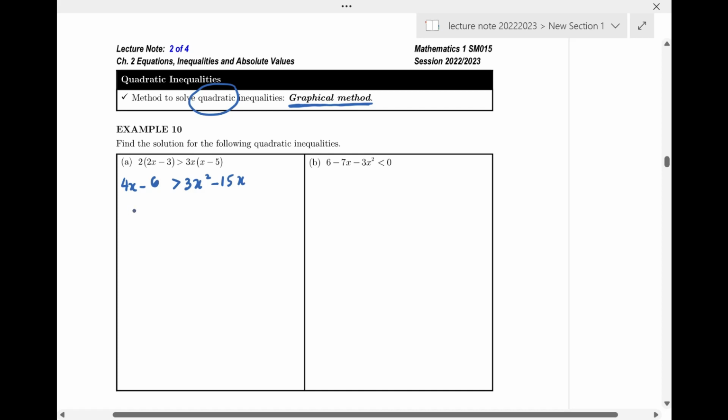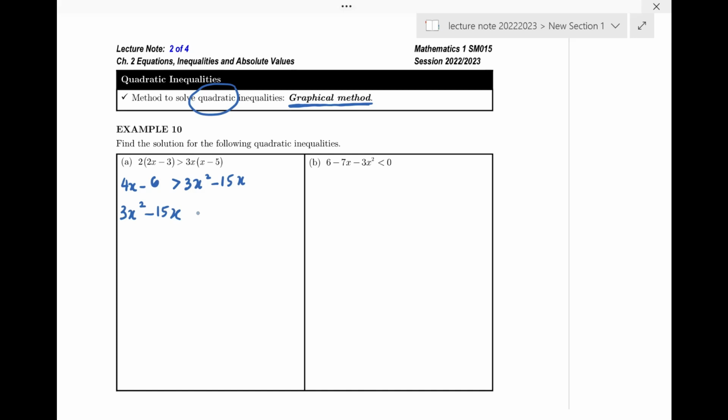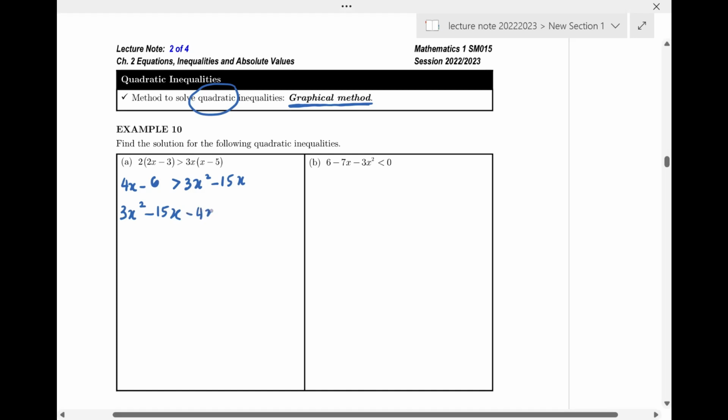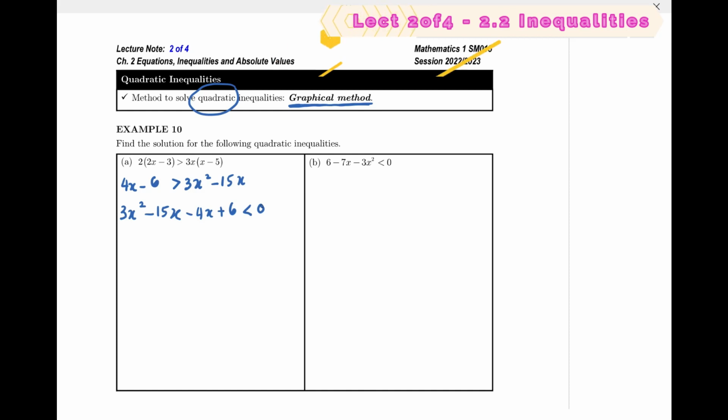We will have 3x squared minus 15x minus 4x and then plus 6 less than 0. Take your time to try to rearrange it on your own, okay? If you find it confusing, try to rearrange this on your own.